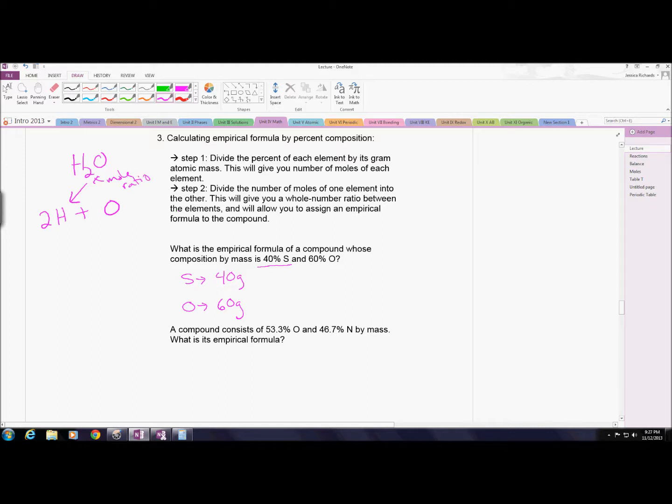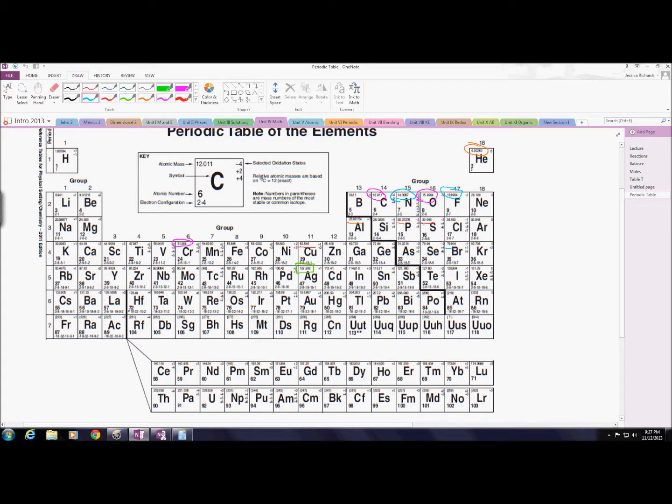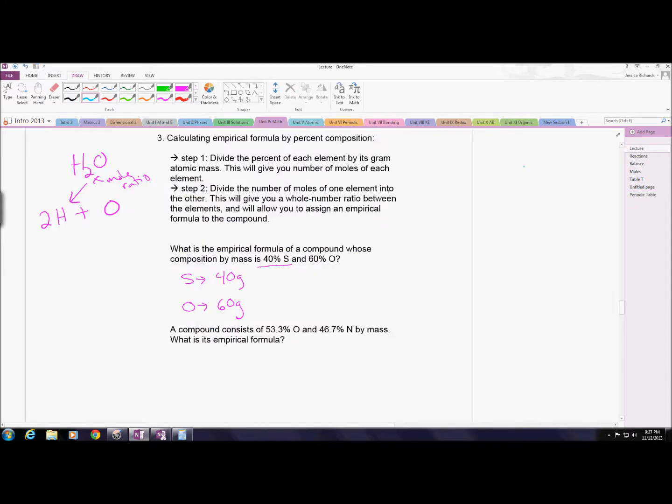So the first thing we're going to do is convert all of these into moles. So to do that, you need to find the atomic mass of sulfur and oxygen. So sulfur is 32 and oxygen is 16 over here in group 16. We've used them before.